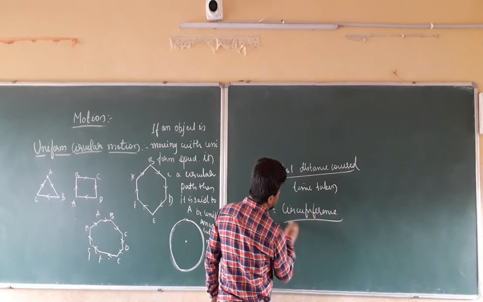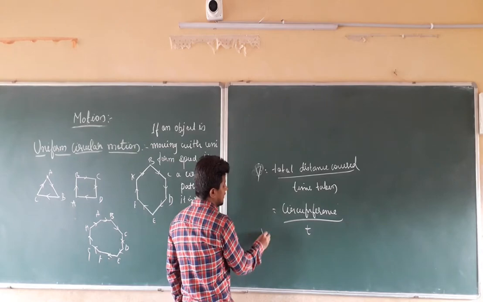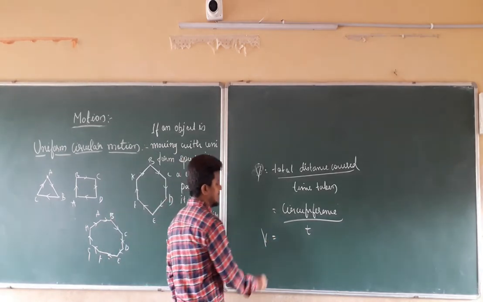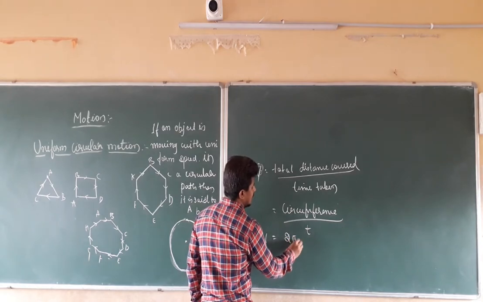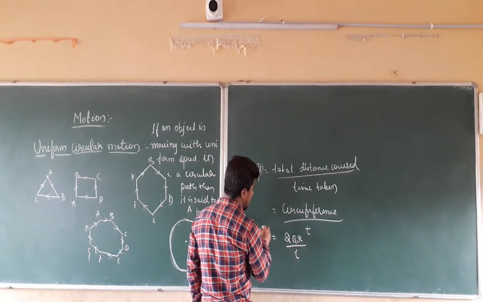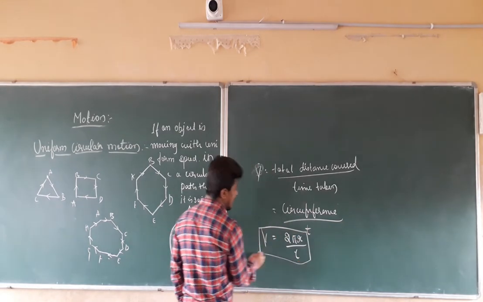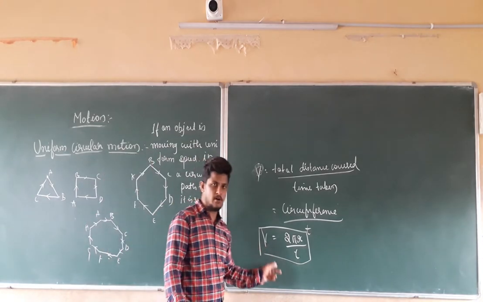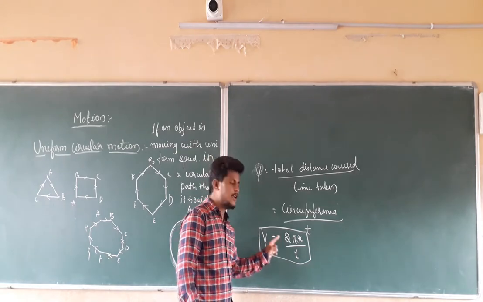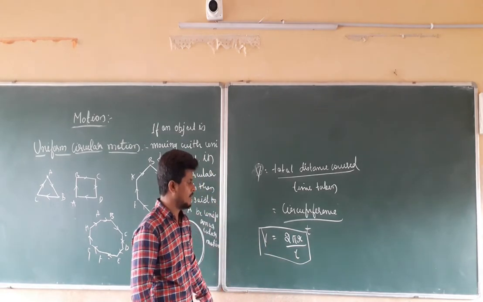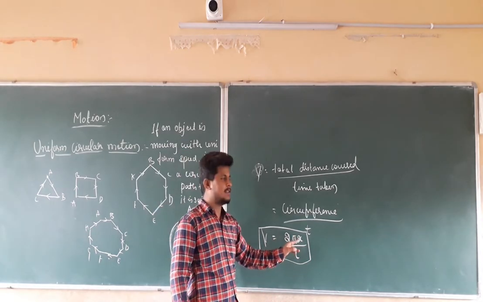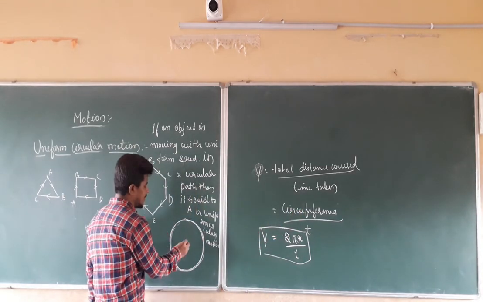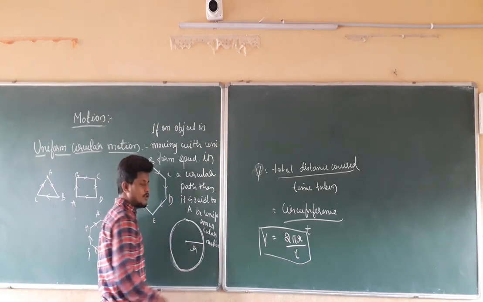So in circular motion, the total distance covered is the circumference, and the time taken will be t. The circumference of the circle is given by 2 pi r, so the speed is v equal to 2 pi r divided by t, where r is the radius of that circular path.